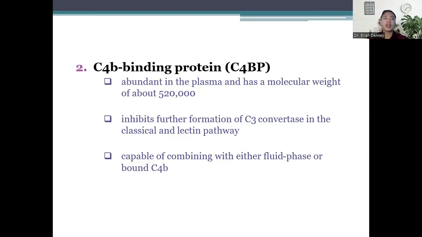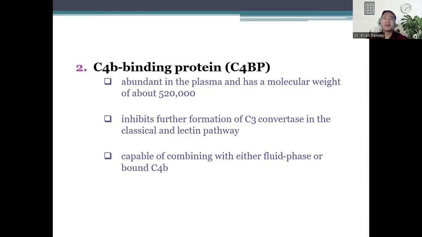In other words, your C4BP will compete with your C2a for C4b. And once your C4b becomes bound to your C4BP, what happens? It could not participate anymore in the cascade. And so C2a will be left alone.